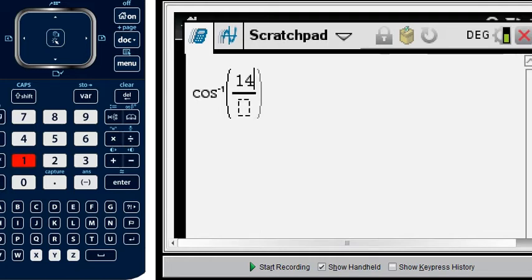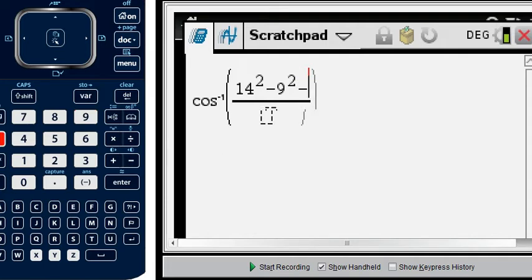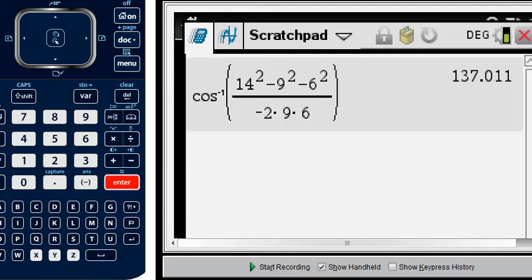Then I put 14 squared minus 9 squared minus 6 squared all over -2 times 9 times 6. I got 137.01. Yep. So it says round to the nearest degree, so we're at 137 degrees.